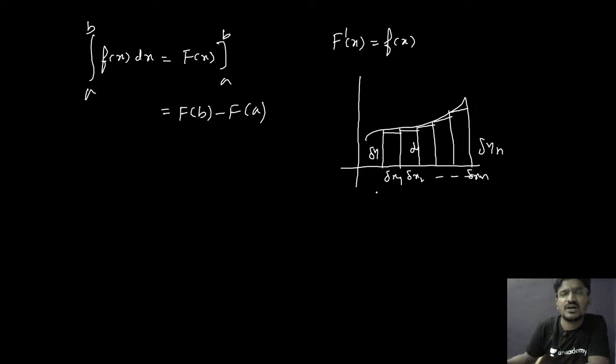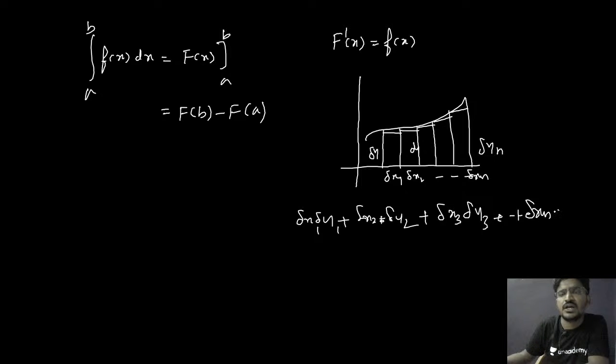If I calculate the areas of this particular strips, you can get delta x1 into delta y1 plus delta x2 into delta y2 plus delta x3 into delta y3, so on, plus delta xn into delta yn is going to be the area.